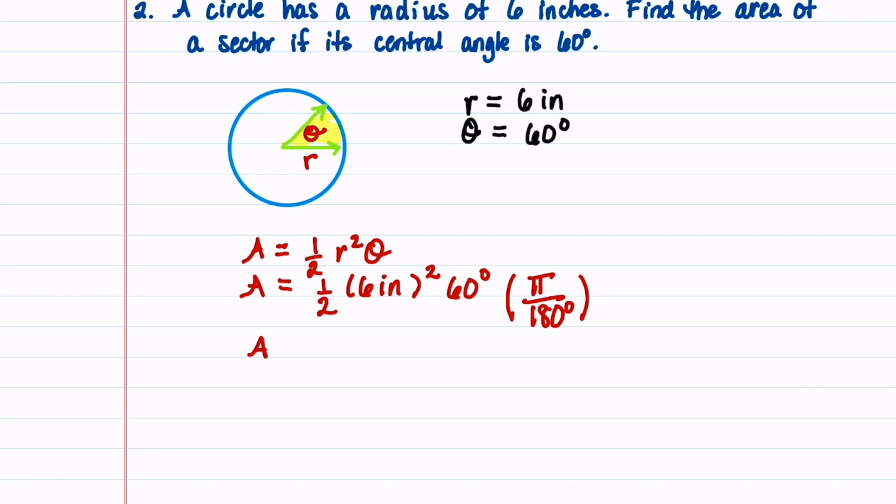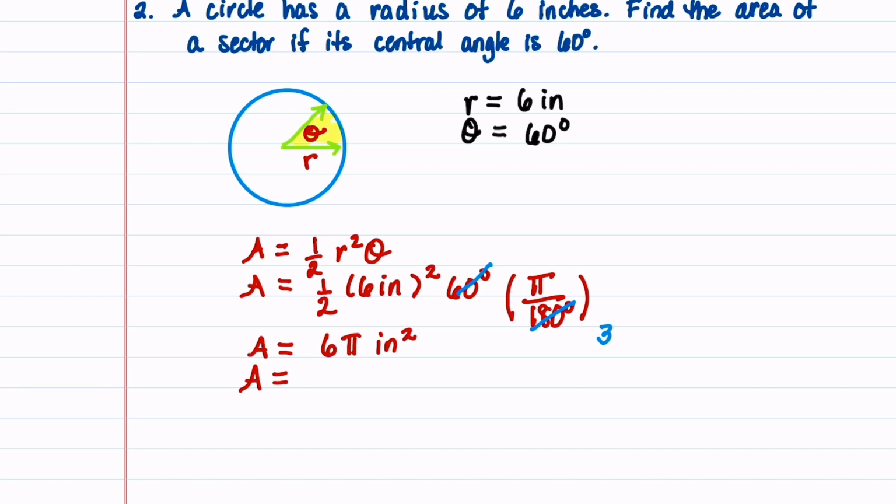It looks like our 60 can go into our 180 3 times. And then on the bottom, we're going to have a 6, and on the top we have a 36. So this ends up being 36 divided by 6. So this is 6 pi inches squared.